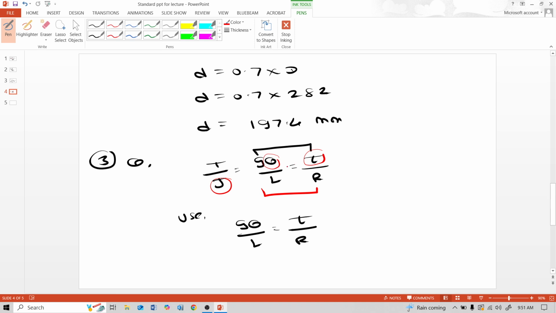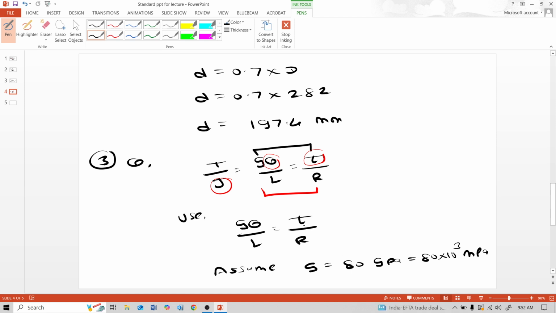That's why I use these two relations, G theta by L is equal to tau by R. And assume the shear modulus G as 80 GPa. That means 80 into 10 raised to 3 MPa, megapascal, gigapascal.